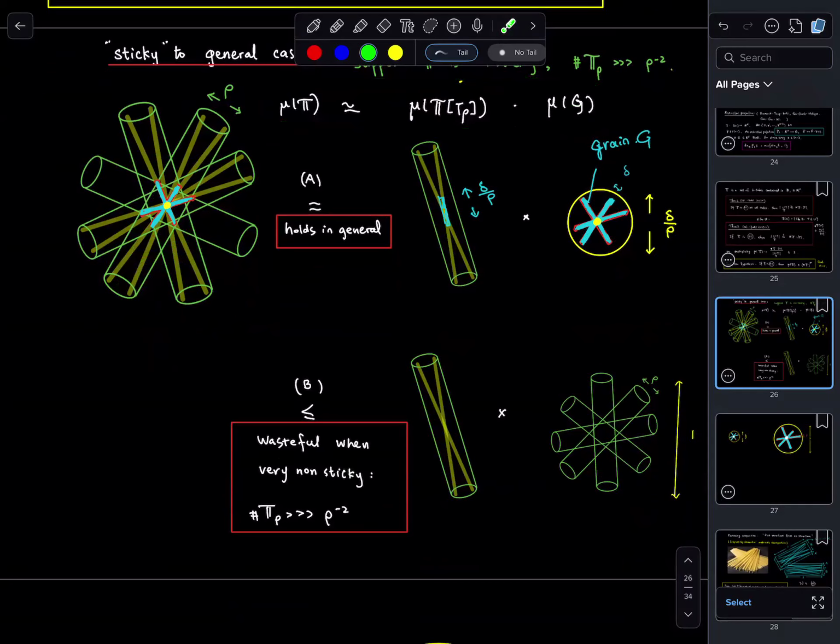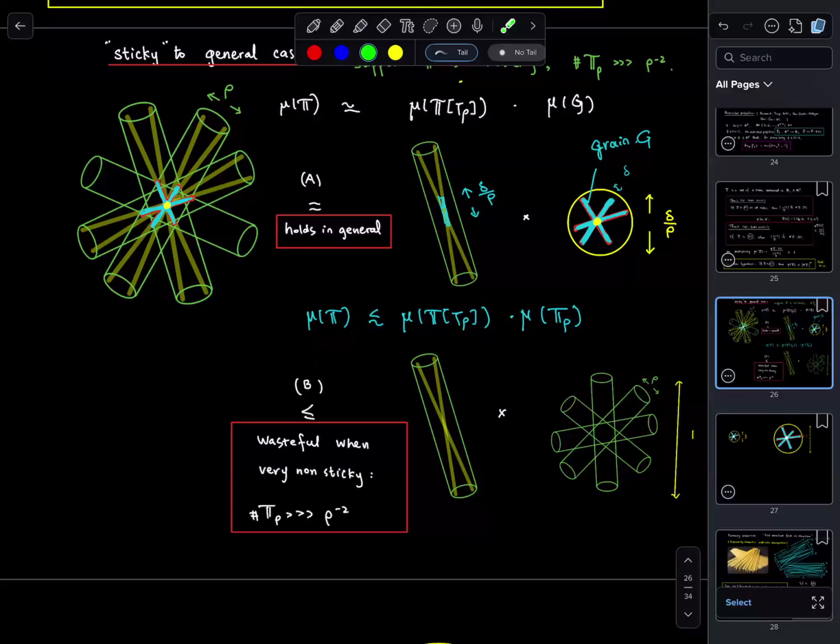And so previously in the sticky case, we said that the second decomposition has to be the same, these two things have to be equal. But in the non-sticky case, this cannot possibly be true because we have a lot of rho tubes. So we expect a lot of rho tubes passing through each point. And this second decomposition is wasteful when very non-sticky. The second decomposition is the following: mu T is less than mu T over rho times mu rho.